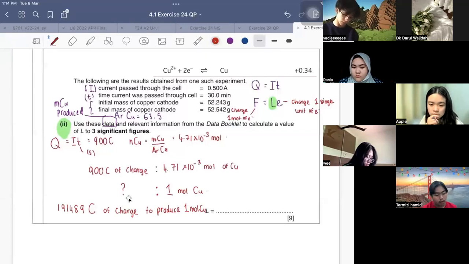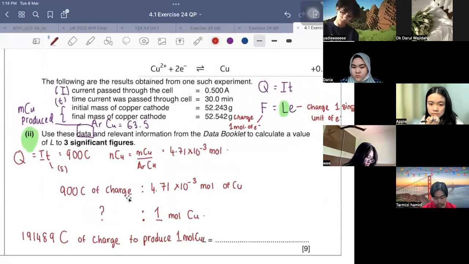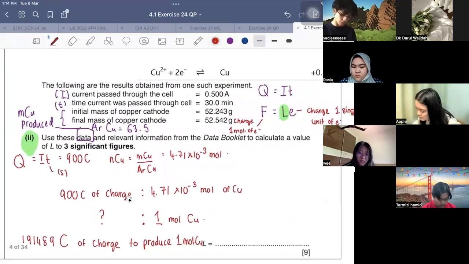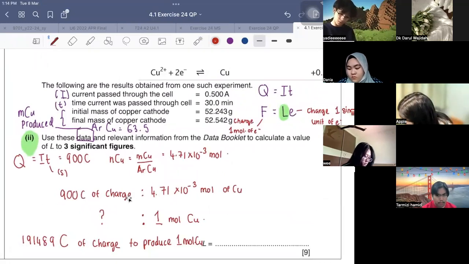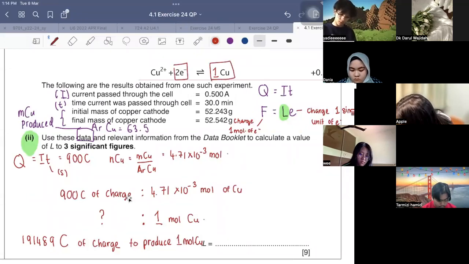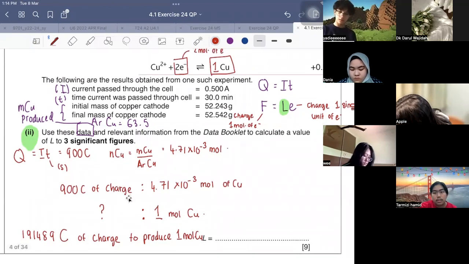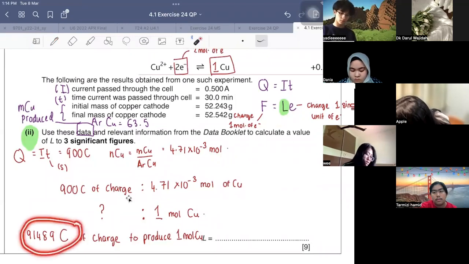And if you look at the equation, this is where the half equation comes in. 1 mole of copper requires 2 moles of electrons. That means to produce 1 mole of copper, I need a charge of 2 moles of electrons. And here I already know that to produce 1 mole, I need this much charge, 191,489 coulombs.